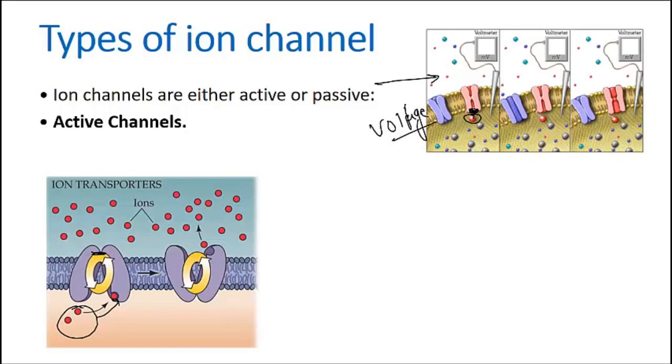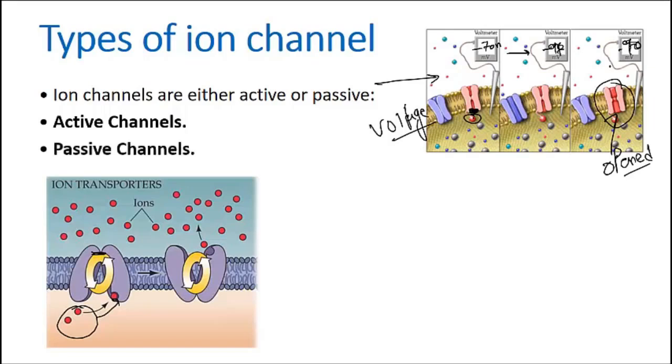But once there is a change in membrane voltage, let's say from a resting potential of minus 70 millivolt it alters to minus 90, for example, that channel opens up. And then again when it comes back to minus 70, it will close down. So normally in this situation it's closed. So let's say it goes to minus 90, and that channel, you see, opens up. So it's an example of a voltage gated channel.